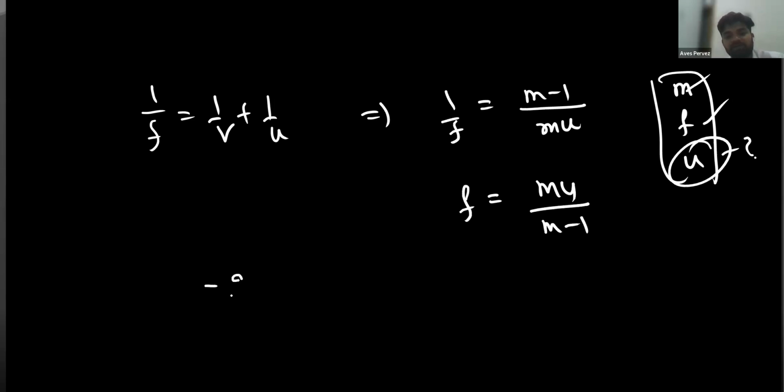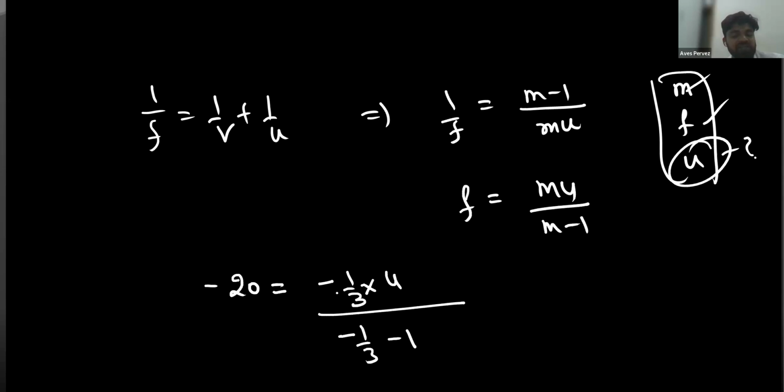Now put it in: minus 20 equals, what is the value of m? m is minus 1/3 into u, we need to calculate the value of u, then minus 1/3 minus 1. Magnification is taken as negative because it is a real image. Focal length is taken as negative because it is a concave mirror.